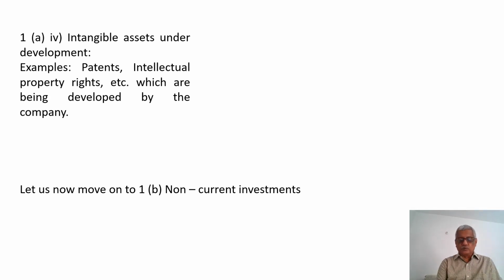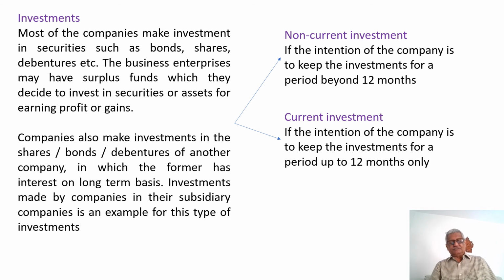Now let us move on to non-current investment. Let us first understand what exactly is investment. See, most of the companies make investment in securities such as bonds, shares, debentures, etc. That is not their main activity. It is not an investing company. The business enterprises may have surplus funds, which they decide to invest in securities or assets for earning some profit or gains.